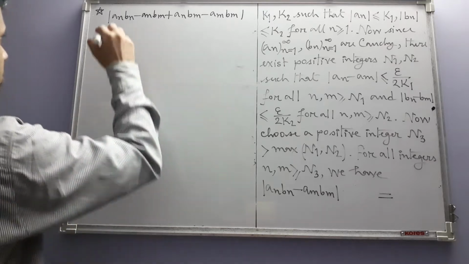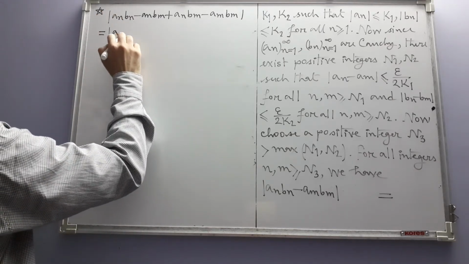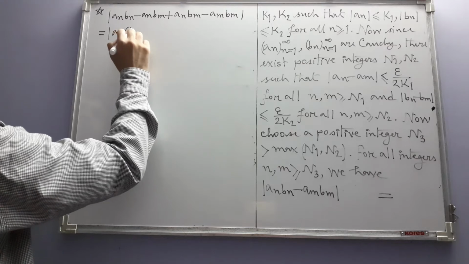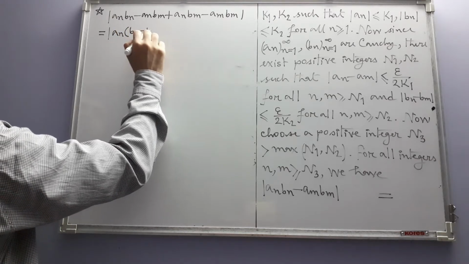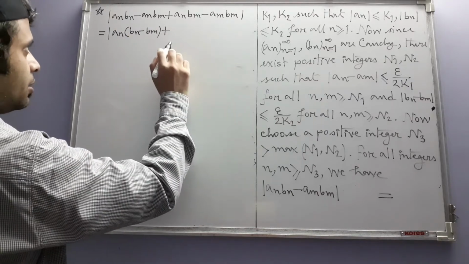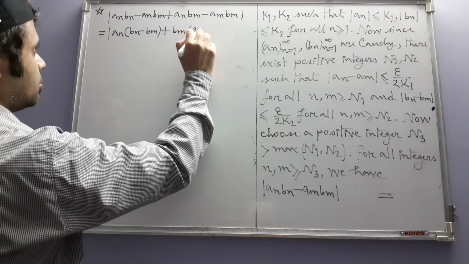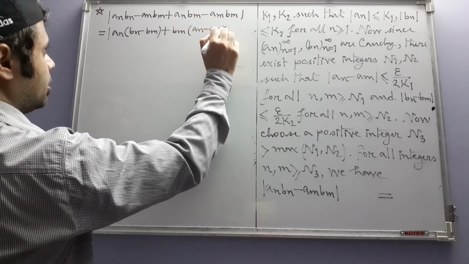Now this becomes equal to, if you take an common out from the first two terms, you get bn minus bm, plus if you take bm common out, you get an minus am.